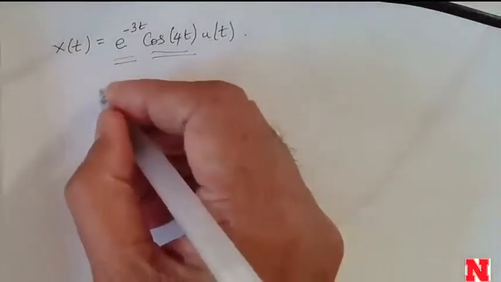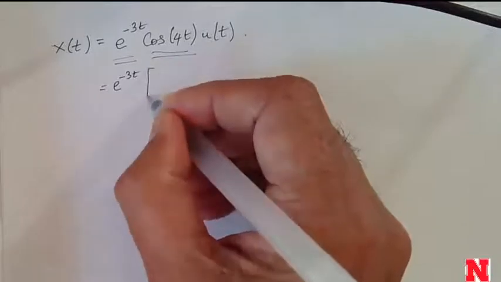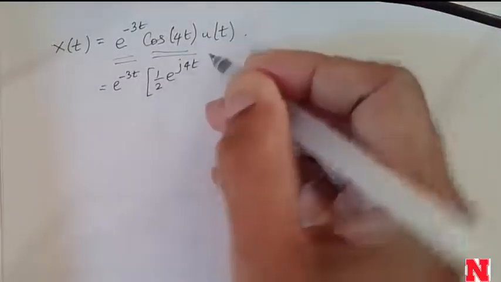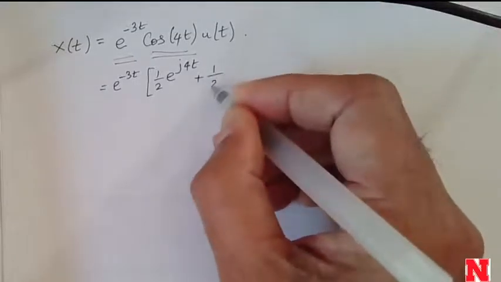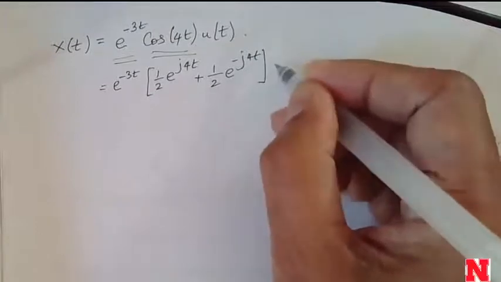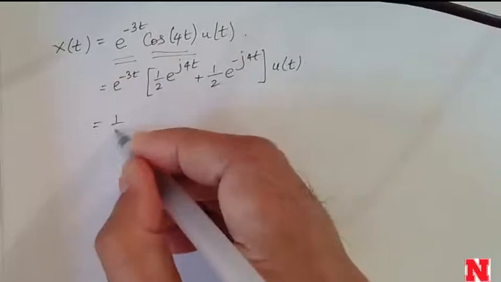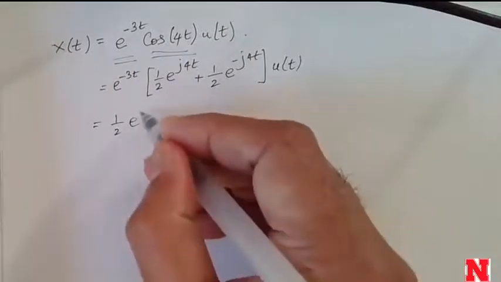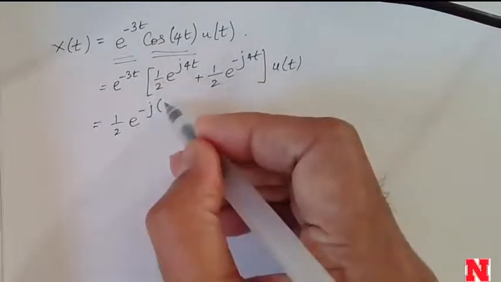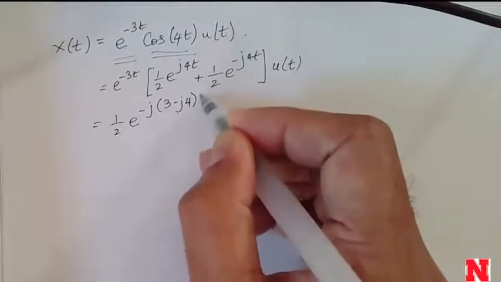So we can write this as e to the minus 3t, and this will be 1/2 e to the j4t plus 1/2 e to the minus j4t, and u of t. Or that's just 1/2 e to the, let's put a minus here, minus j. So this will be 3 minus j4t, right?